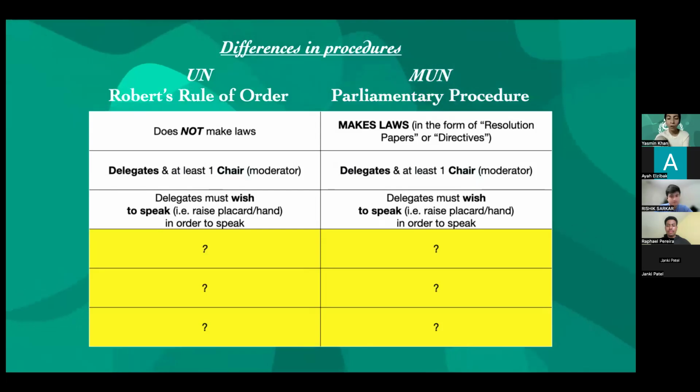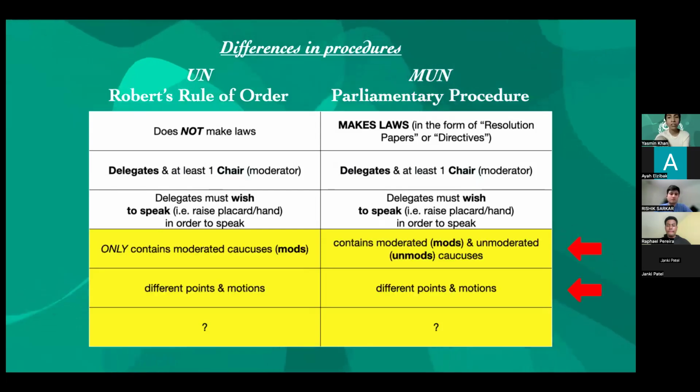But now we're going to talk about some additional differences, right? They're in the yellow here. And these two here, pointed by the red arrows, are what we're going to be focusing on today. We're going to be talking about mods, or moderated caucuses, and unmods, unmoderated caucuses, points, and motions. We talked a little bit about this in our first workshop, but we're just going to review it again today.